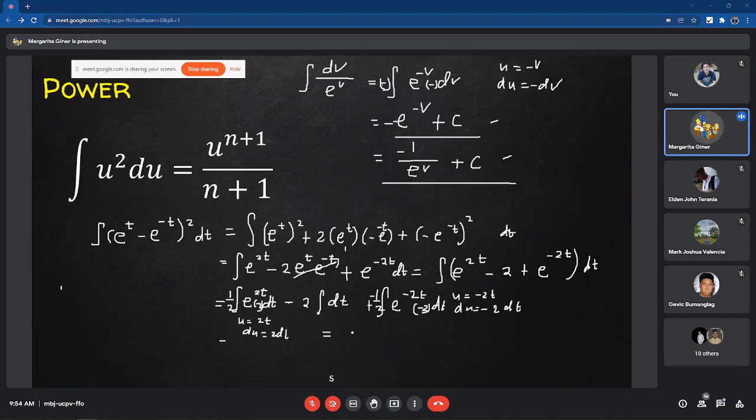Your answer here will be positive 1/2 e raised to 2t minus 2t, minus 1/2 e raised to negative 2t. So, this will be your answer.